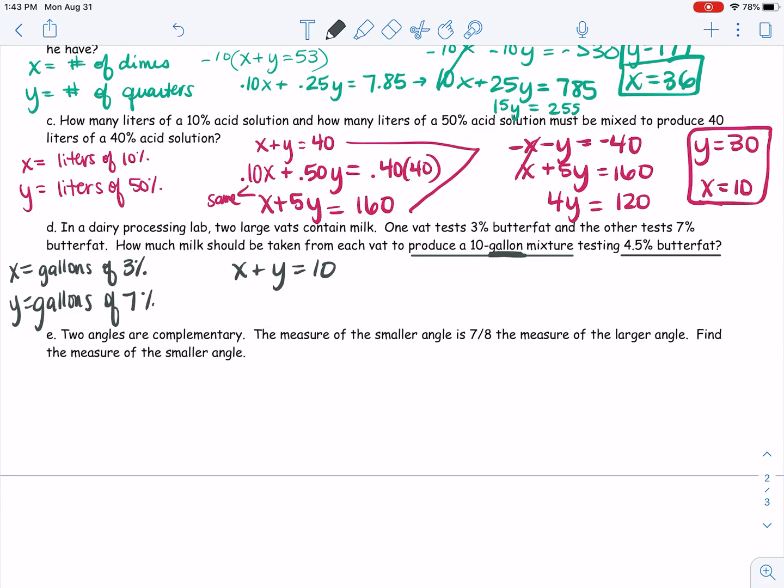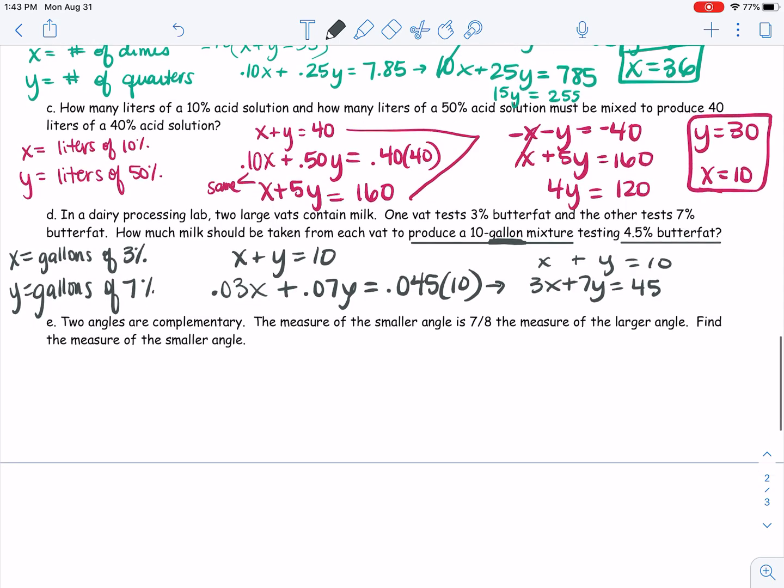Our other goal, the 0.03 for every x and the 0.07 for every y, has to be 0.045 of those 10 gallons. Again, multiplying, I might turn this into just 3x plus 7y equals 45, and then using that x plus y equals 10.